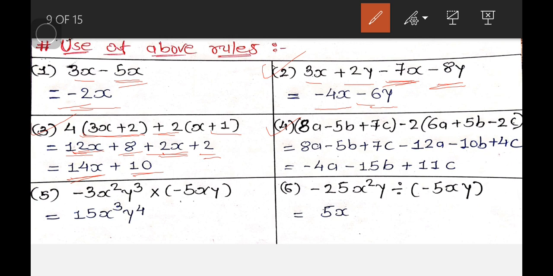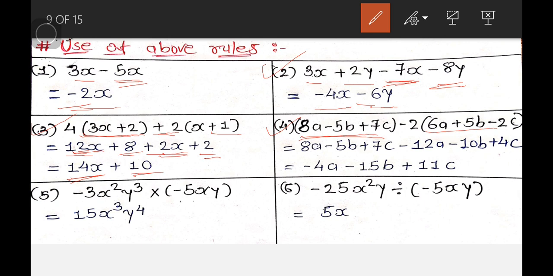8a minus 5b plus 7c minus 2 into the bracket 6a plus 5b minus 2c. Here the first bracket does not have any multiplier, so we remove the bracket, and we put 8a minus 5b plus 7c.